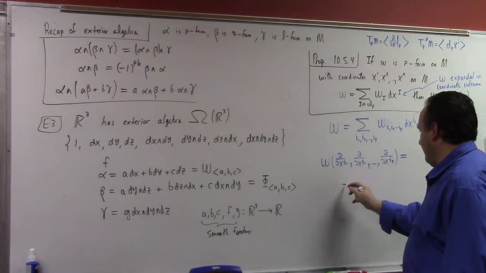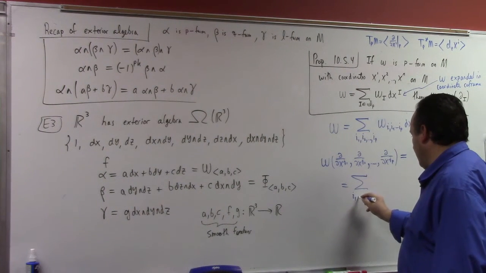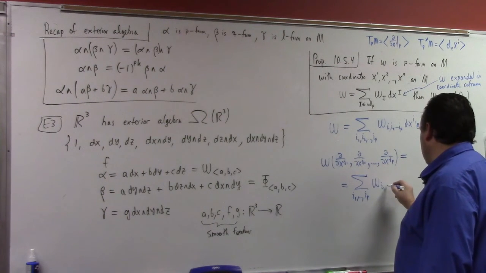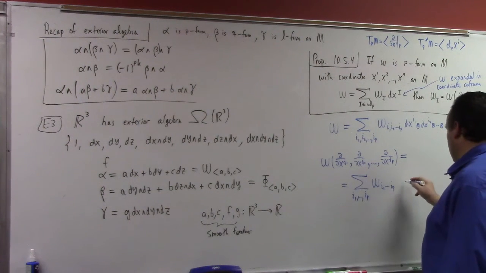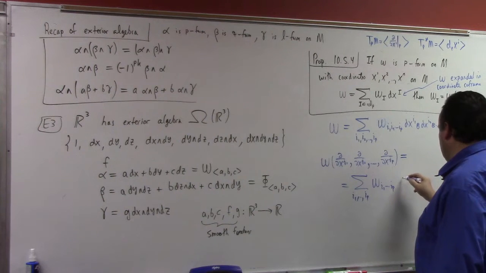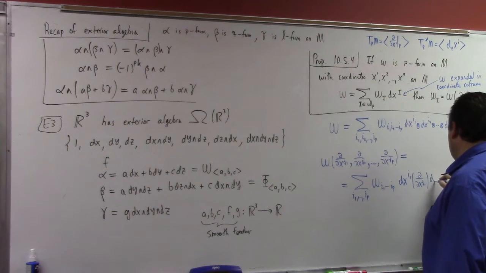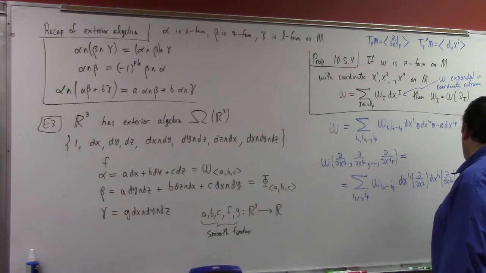We get the sum over the i's of your omega I1 through IP, and then we get dx I1 of partial x j1, dx I2 of partial x j2, and down the line.